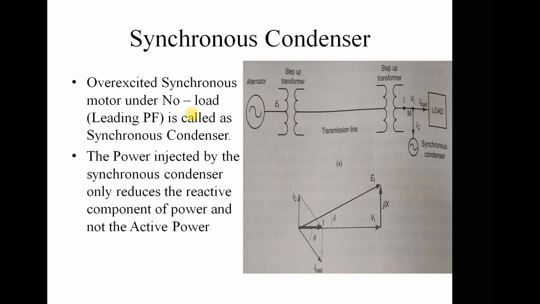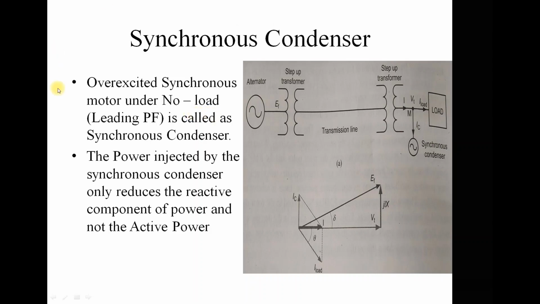Such a capacitor bank is an overexcited synchronous motor, because those synchronous motors will act on the power system to supply capacitive currents inside the power system, so that reactive power will be pumped into the system, and the power factor of the whole system will be maintained at some given optimized values.